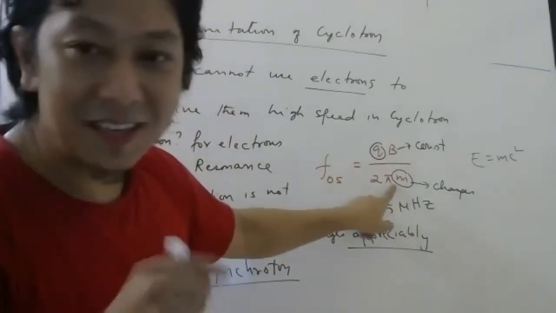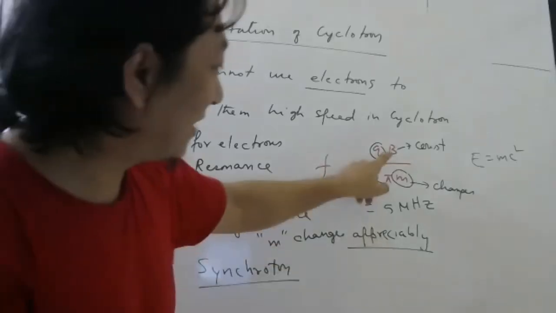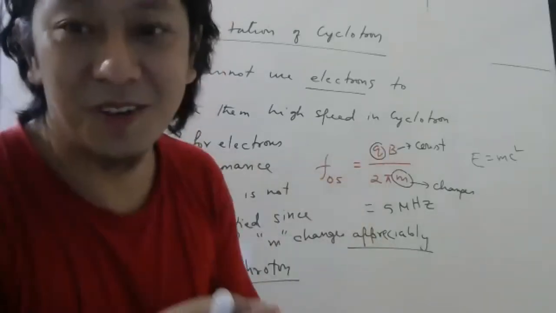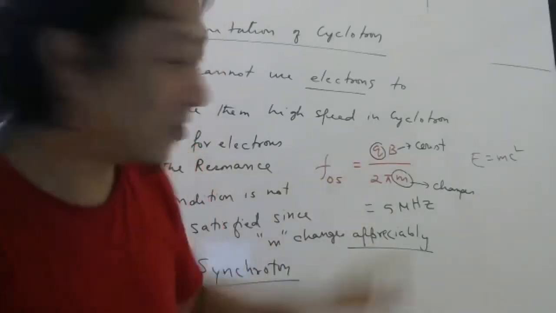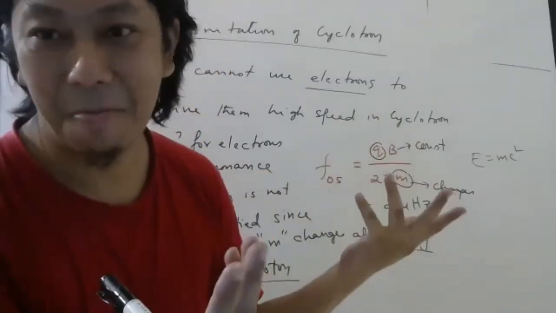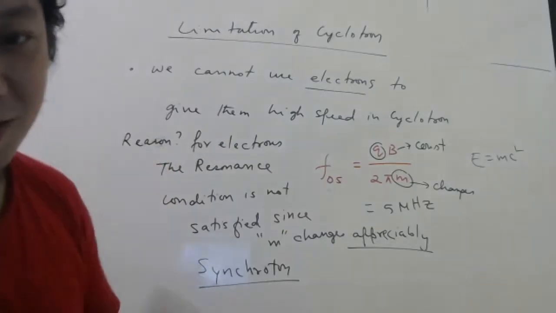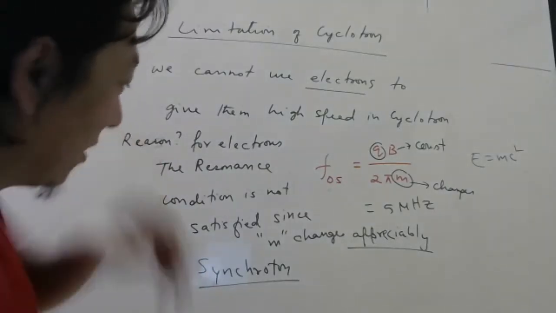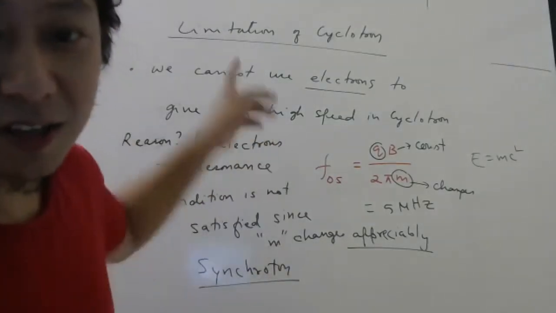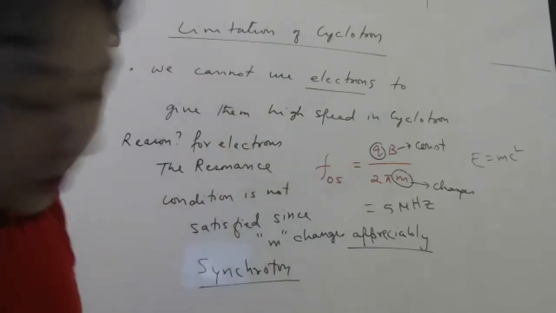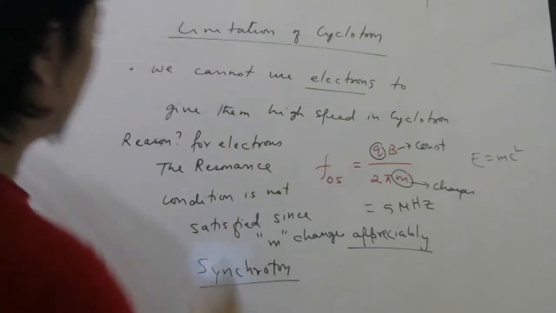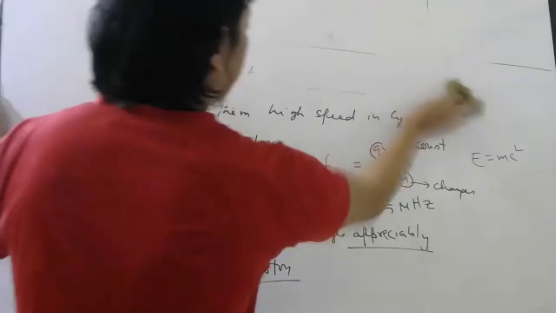So if mass is increasing by 0.2, they change the magnetic field also by 0.2. So 0.2 cancels, so the right side becomes constant. Again, it is not there in the syllabus, but just for your knowledge, I am sharing with you. So electrons can be used, but not in cyclotron, in another instrument called synchrotron, which is out of the syllabus.